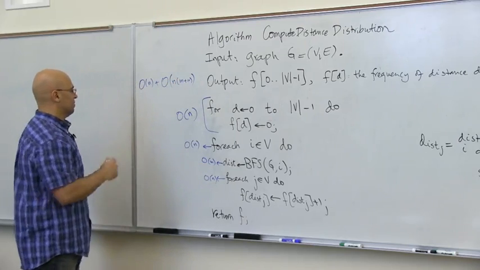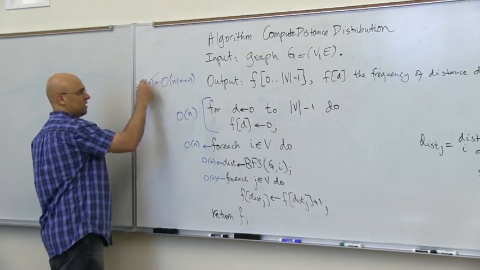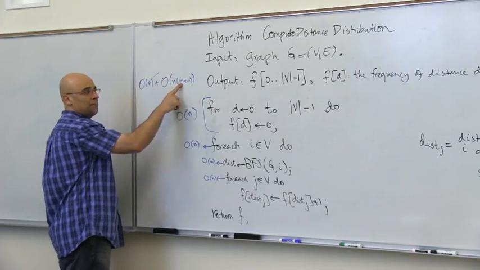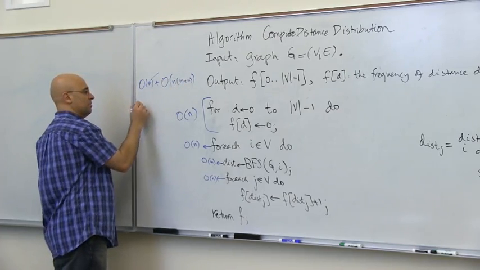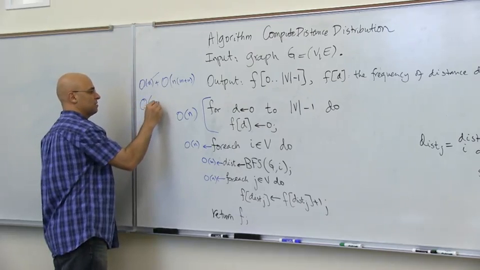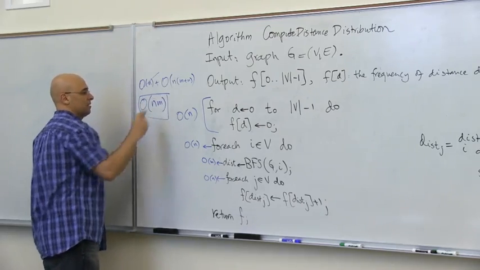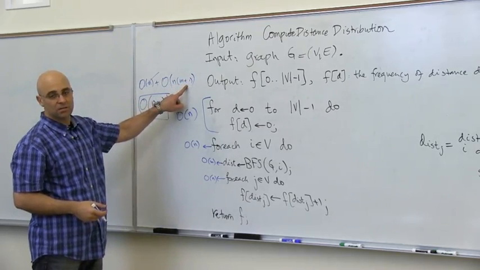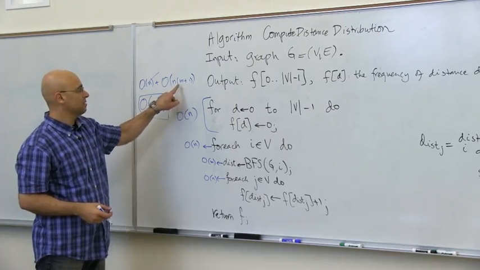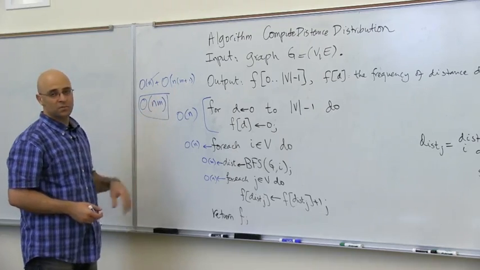Right? Now, this is the dominant term, so we can remove this. And as I said, if m is greater than n, I can remove this n, and basically we get an O of n times m time. I can drop this n because m is greater than n. I end up with n times m. And this will be the running time.